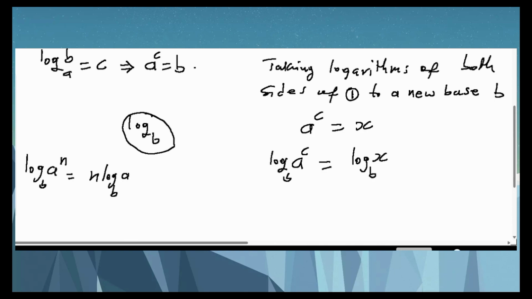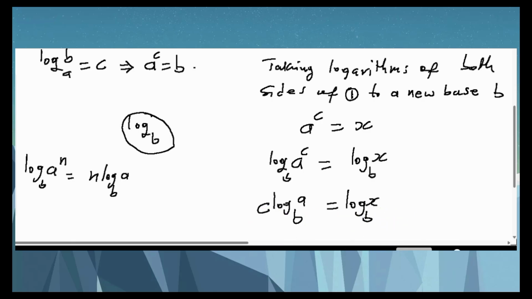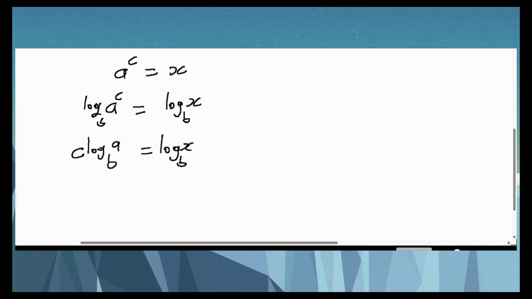So from the third law, you can say c times log a base b is equal to log of x base b. So actually what we're doing here is that we're trying to look for the c. In doing so, since c is multiplied by log a base b, you can divide both sides by what?